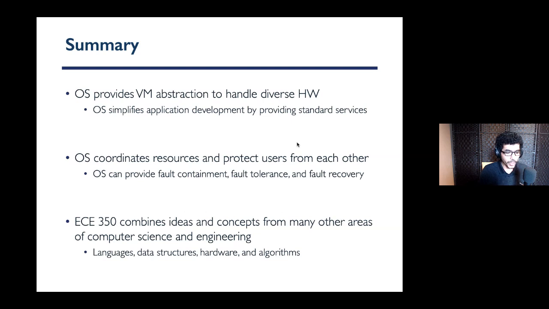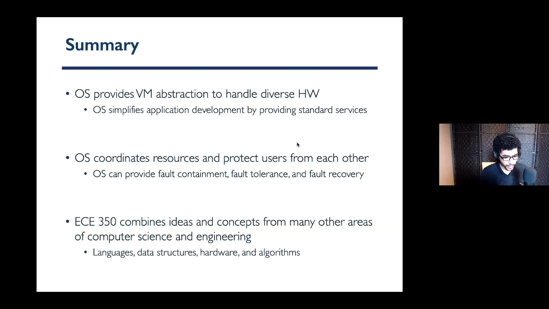So in summary, we talked about operating systems providing virtual machine abstractions. We talked about operating systems' job to coordinate resources, to protect users. If you remember, the role of operating system was to be an illusionist, to be a referee and to be a glue.